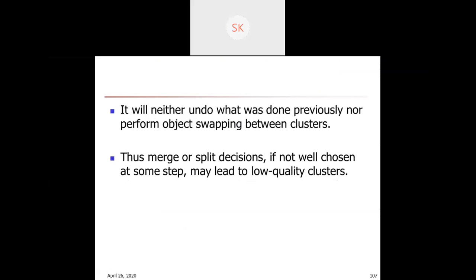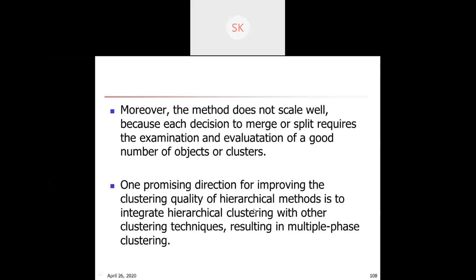It will neither undo what was done previously nor perform object swapping between clusters. As we have seen at the start, we cannot go back, right? So no recursion will be there. You have adopted a step, you need to follow the same, because a merge or split decision, if not well chosen at some step, may lead to low quality clusters.